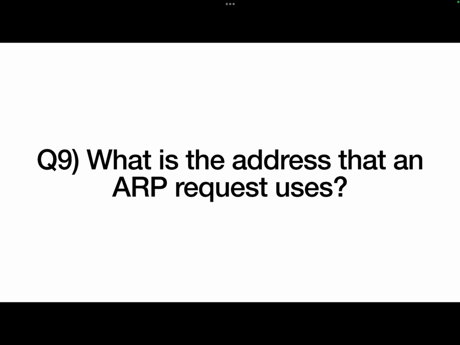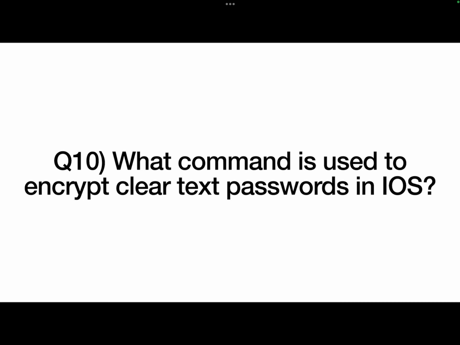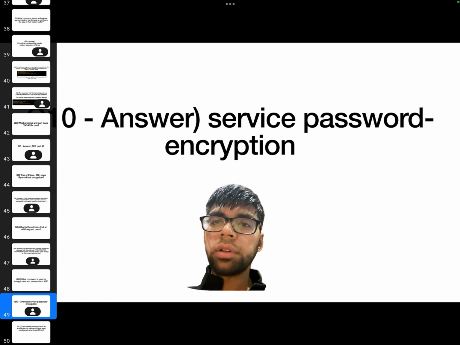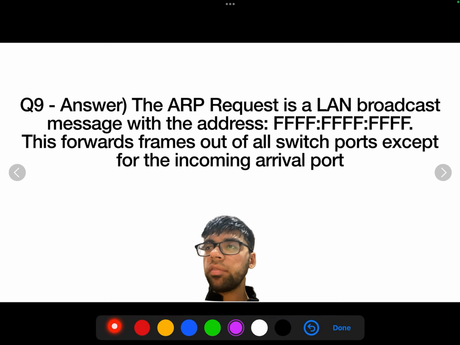Let's get into the next slide. What is the address that an ARP request uses? I'll give yourselves 5 more seconds. 5, 4, 3, 2, 1, 0. And the answer is, the ARP request uses this address, FFFF:FFFF:FFFF.